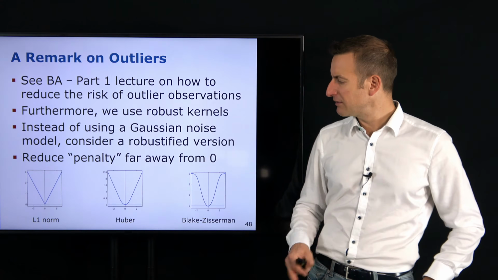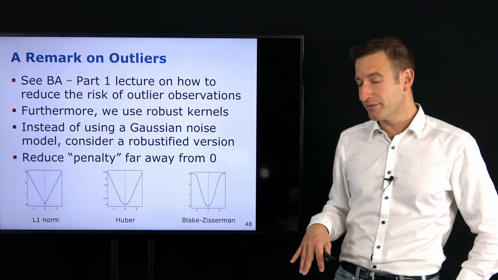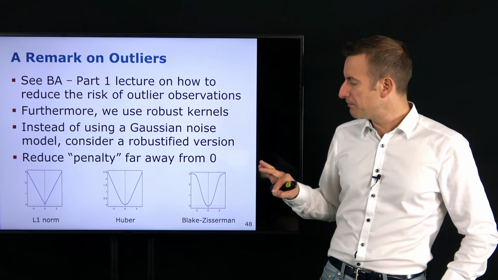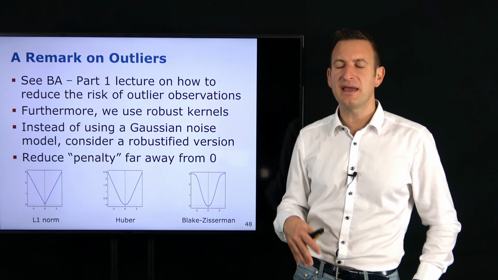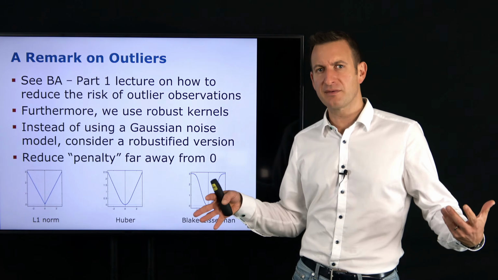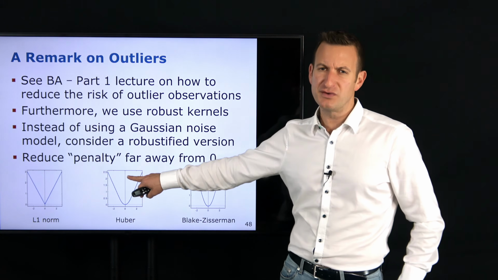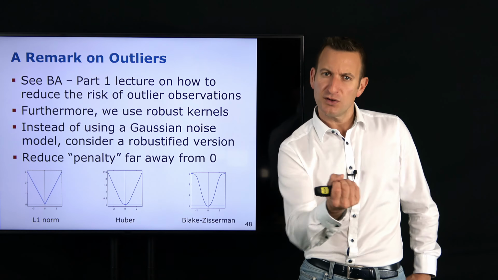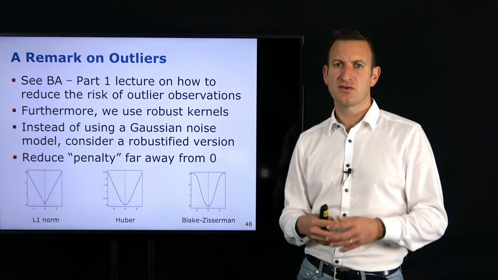What typically happens in bundle adjustment is that you fix on one of those robust kernels. But the problem is, if you really weigh down the effect of outliers which are further away, it means you need a good initial guess. If your initial guess is very far away from the actual solution, then you will end up in the plateau of your error function, and the Jacobians will not pull your points towards the right solution.